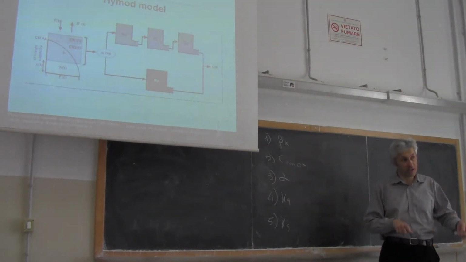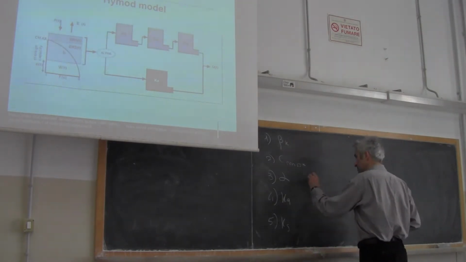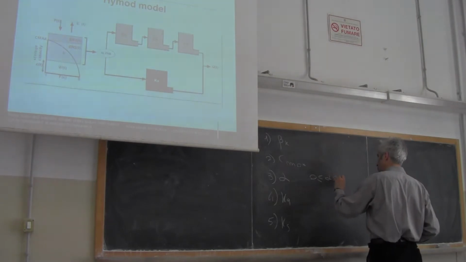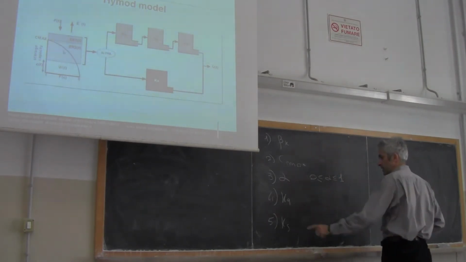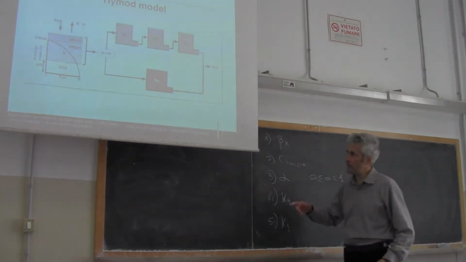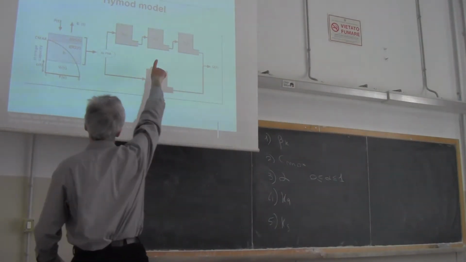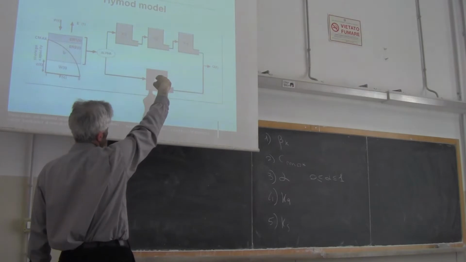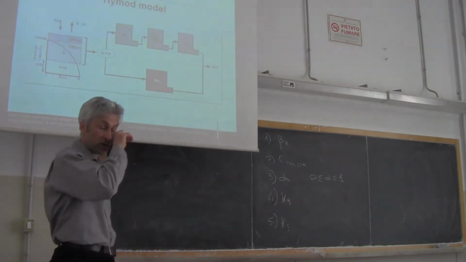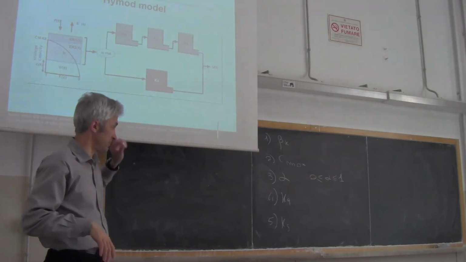Alpha is the weight that splits runoff in two components. Kq is the constant of the series of 3 reservoirs. Ks is the constant of the linear reservoir that is placed here.